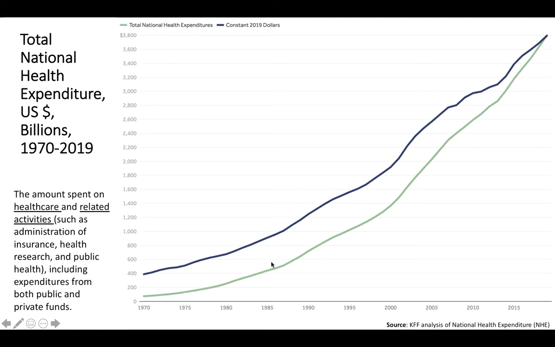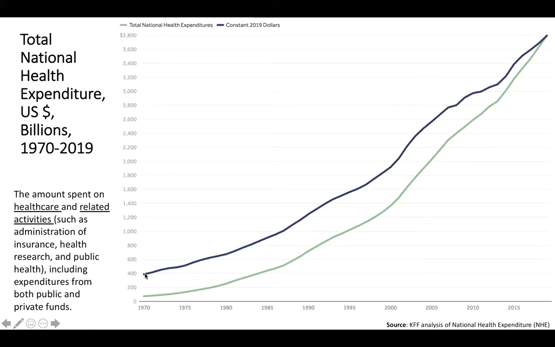Obviously here you may say, okay, there's inflation going on. Each year as we go forward, more money is spent, but that is just because of the presence of inflation. So this black curve is the one that shows the healthcare expenditure based on the 2019 dollar.